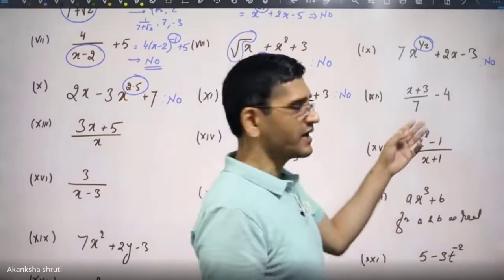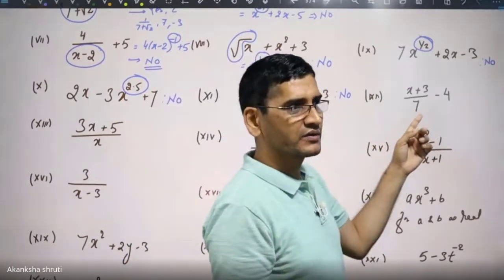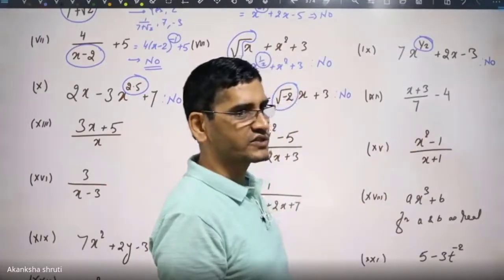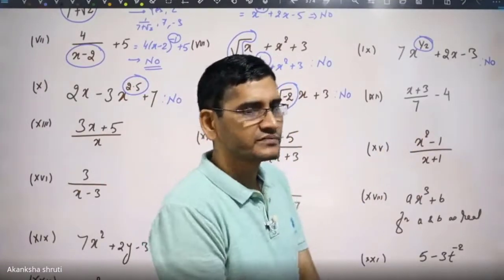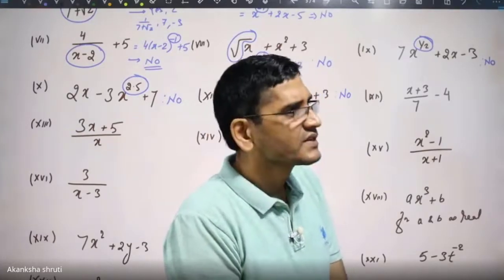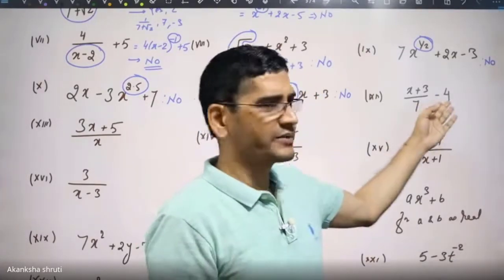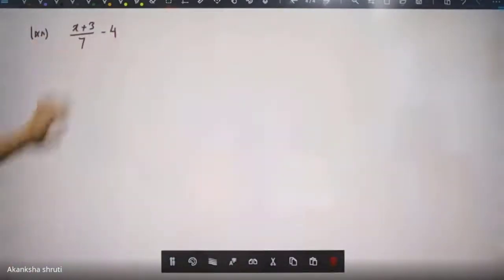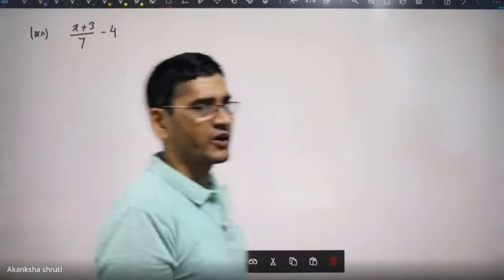Come to this one, yes or no? And you have to tell the constant term and coefficient also. Yes, tell me the constant term and coefficient also for this one. So the expression given is this one, and we have to verify whether it is a polynomial or not.